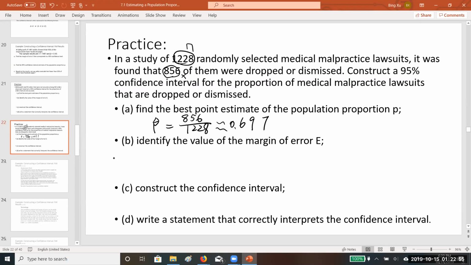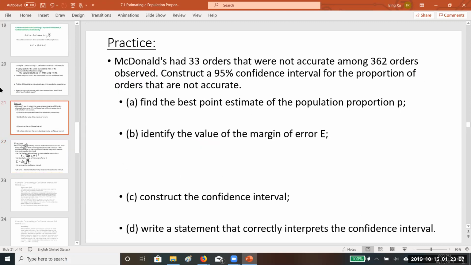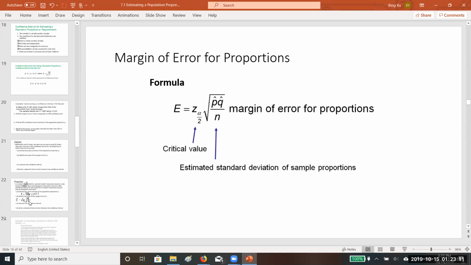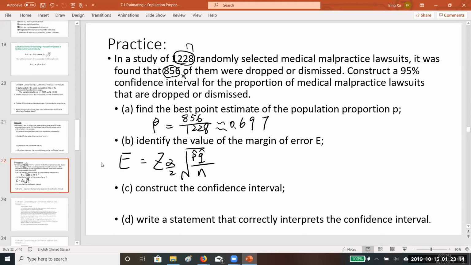So it's E equals Z alpha over 2 times square root of P hat times Q hat divided by N. Let me double check. Divided by N, yeah. Okay, so going back here, in our case, we know P hat, Q hat is 1 minus P hat, right?